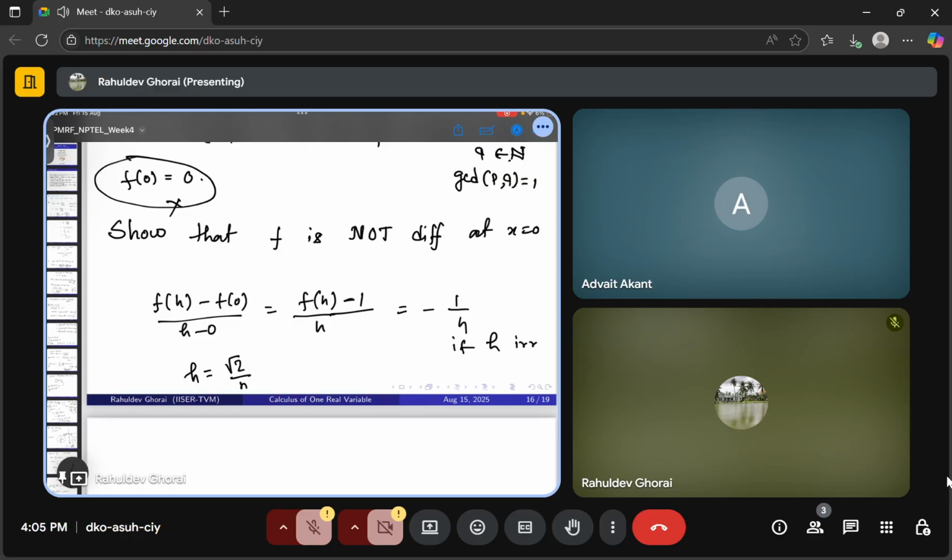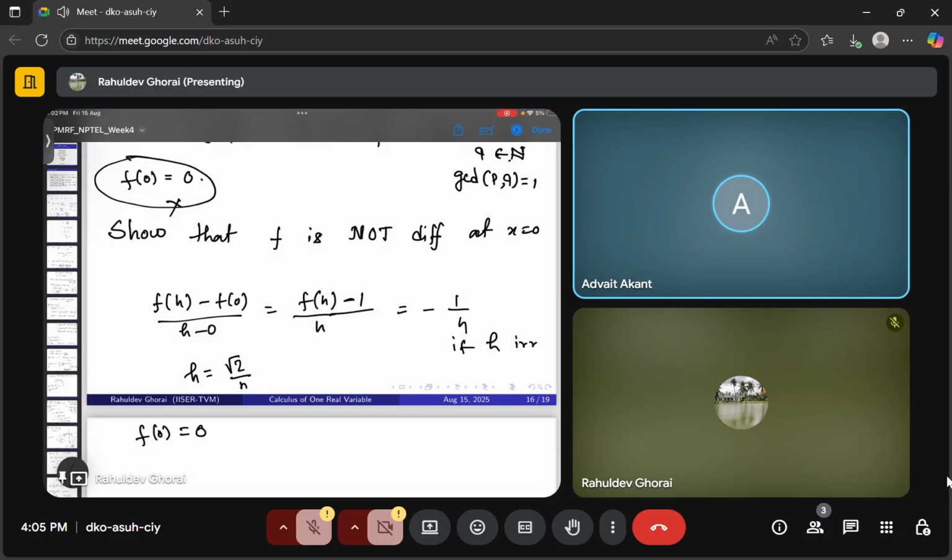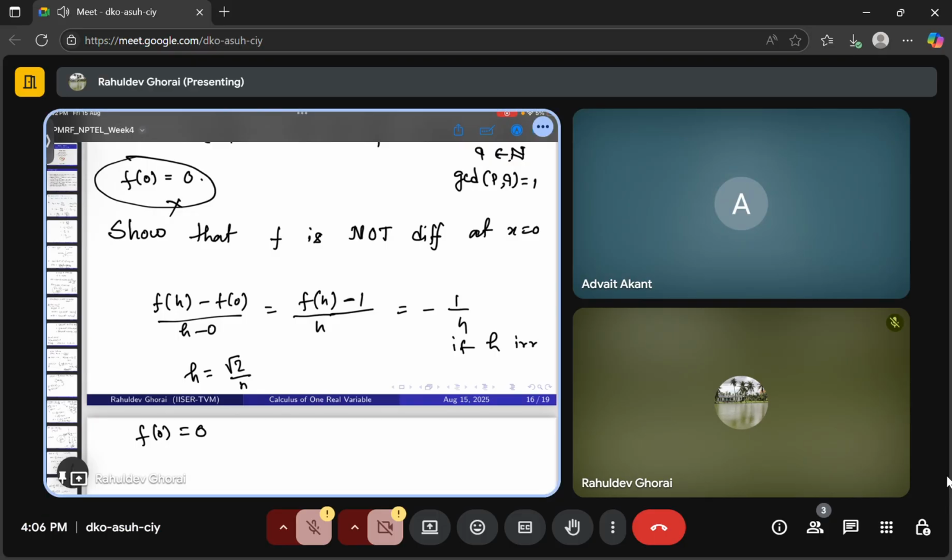If you take otherwise, things will be difficult. So f(0) equal to 0. Then you cannot say from this irrational number things. Then what do you do?